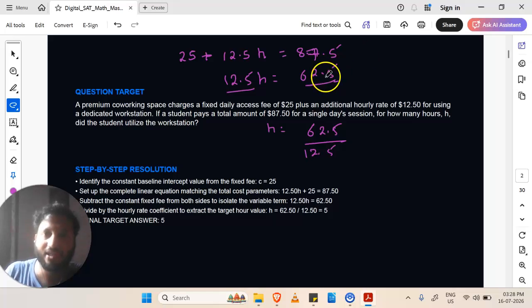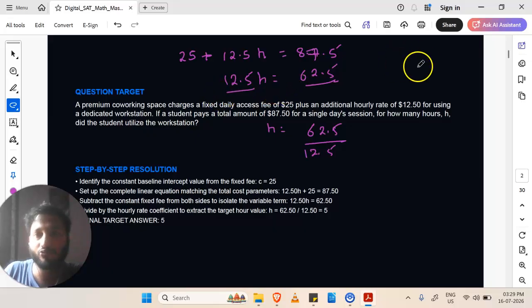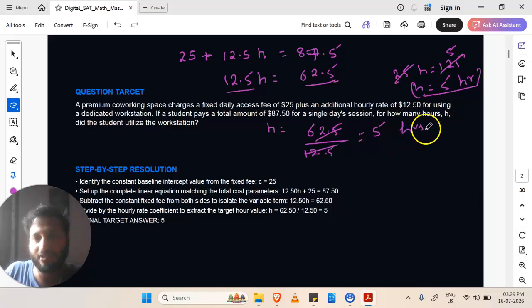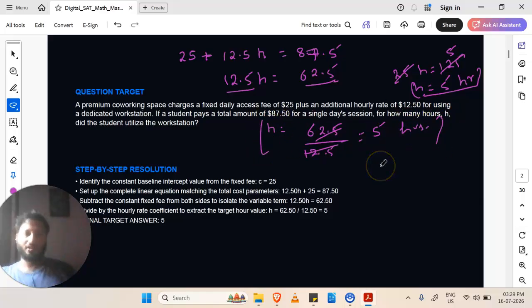If you know that, multiplying both sides by 2 would give 25h equals 125, which will yield 25 into 5 is 125. H is 5 hours. Simple. Here as well, if you solve this, you will get h equals 5 hours. Simple. Correct? So this is the answer to the question.